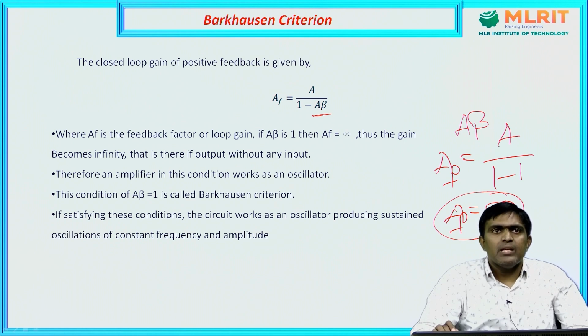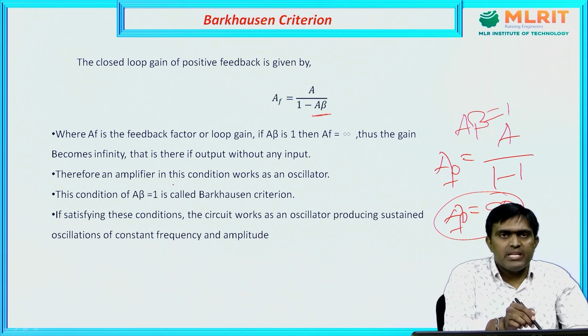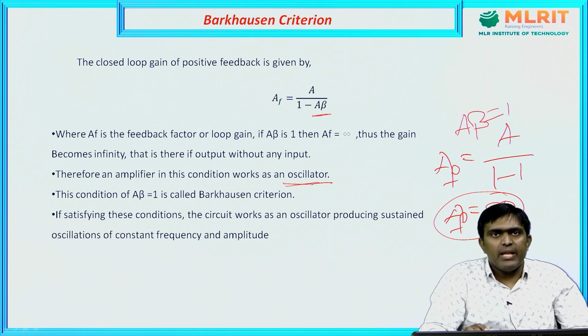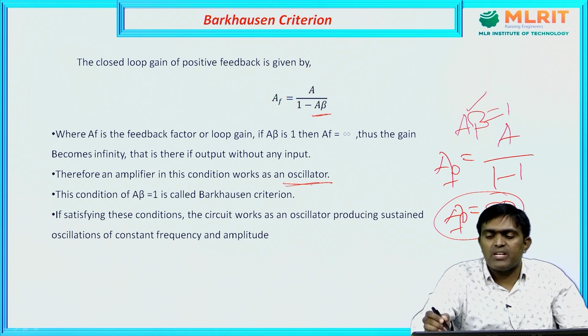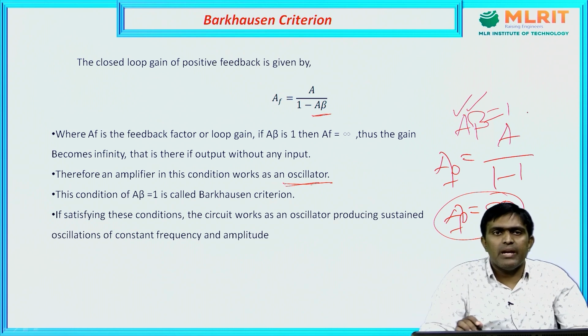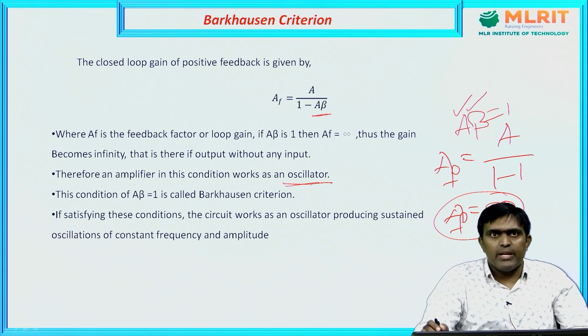Therefore, under the condition A beta equal to 1, an amplifier works as an oscillator. When the feedback fraction beta and the gain of the amplifier satisfy A beta equal to 1, we get the output as infinity.